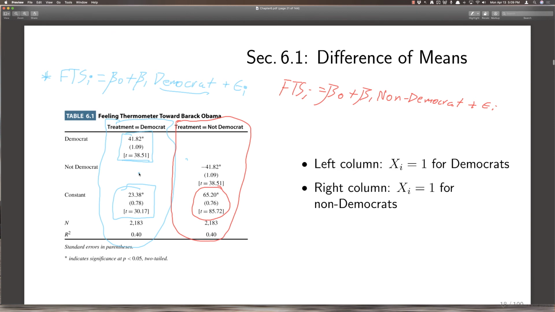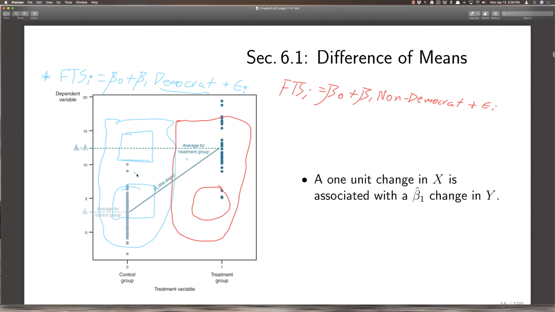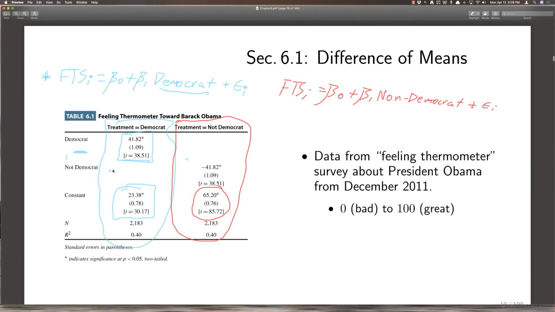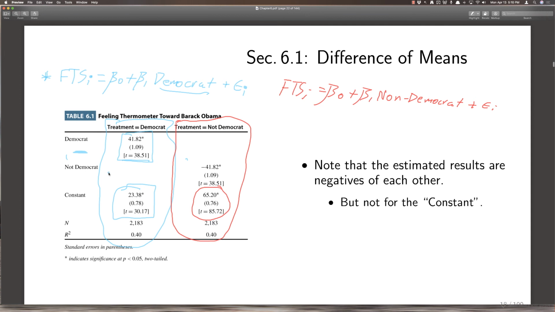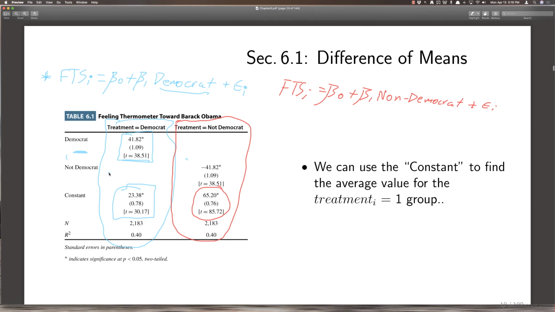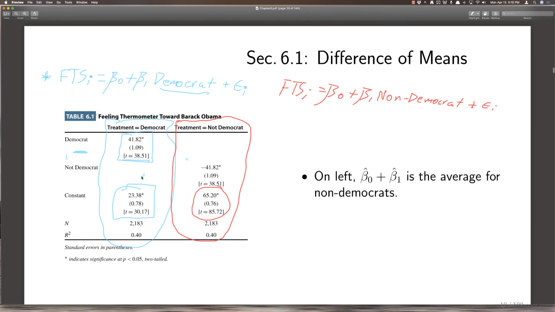There's going to be writing all over the screen, but try to ignore it, because I want that to be there when I go back to talk to it. The average for the dependent variable is right here. You add together the 2 estimates, right? So the average feeling thermometer score for people who get 1 for the independent variable, the Democrats, is beta naught hat plus beta 1 hat. So that's going to be roughly, let's see, 41.82 plus 23.38.